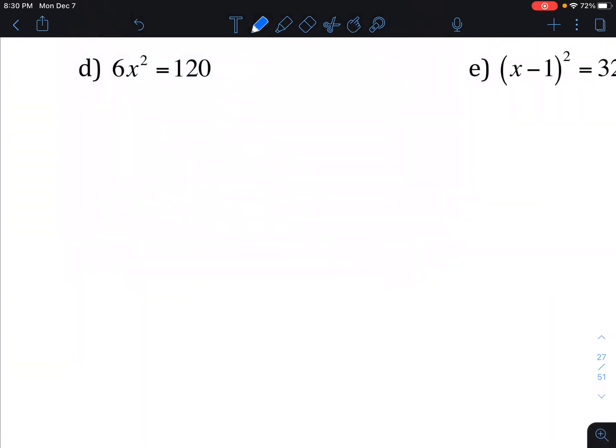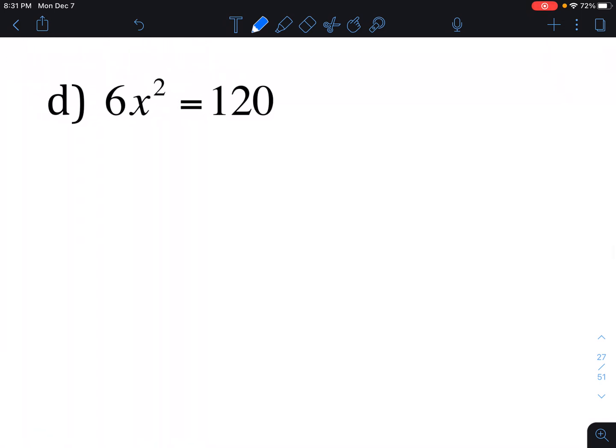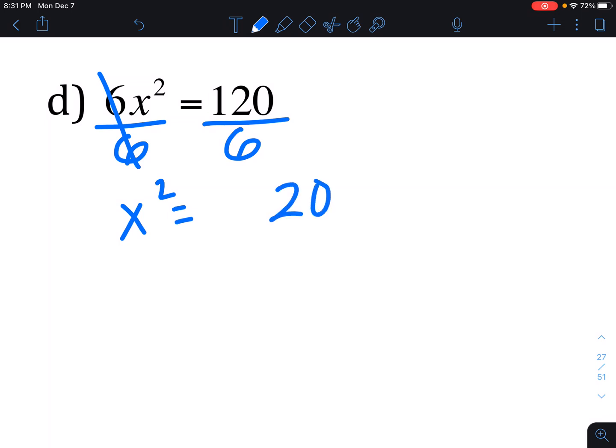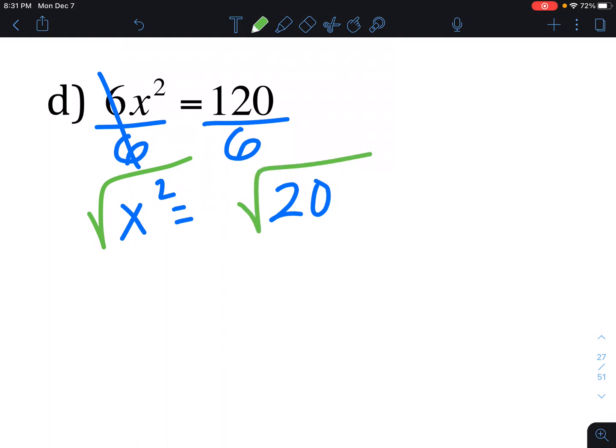So next, letter D. What's the first step you need to do? Divide both sides by 6. We need to get x squared by itself. So now that x squared's by itself, let's square root both sides. Gets rid of that exponent.